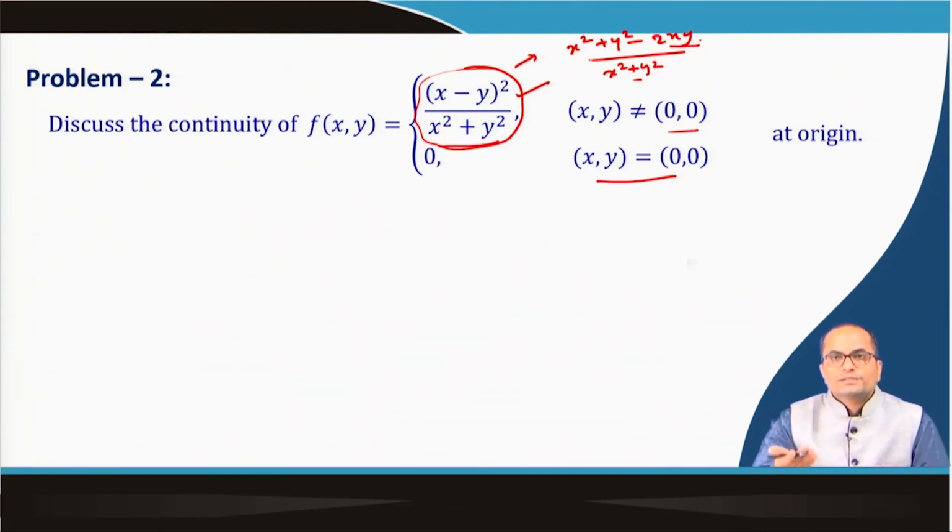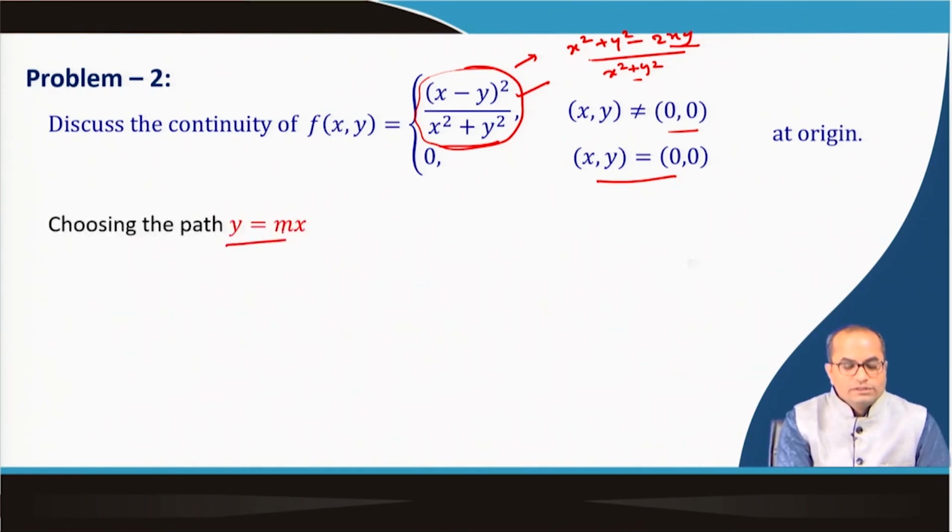In this situation the first try we should make is the path y = mx, and see what happens. If we go with y = mx, we have (x − mx)² over x² plus m² x², and the limit as x goes to 0.